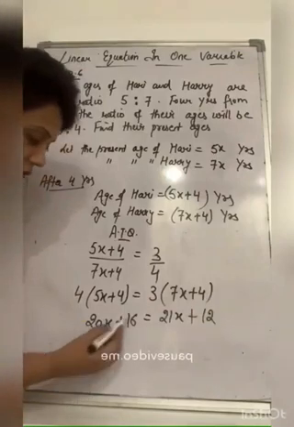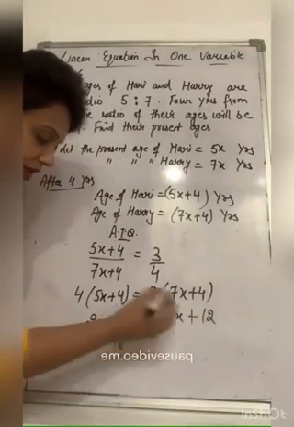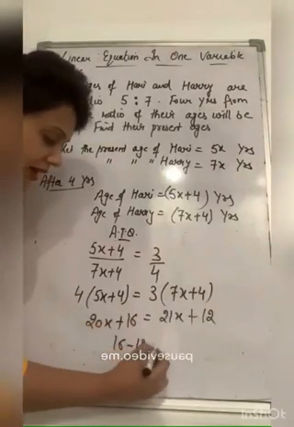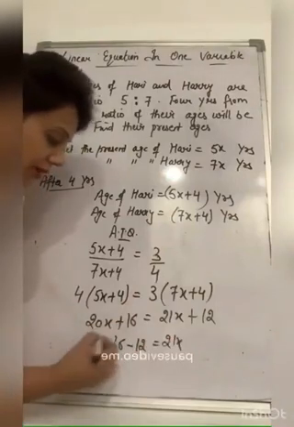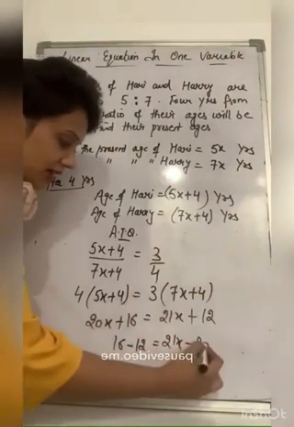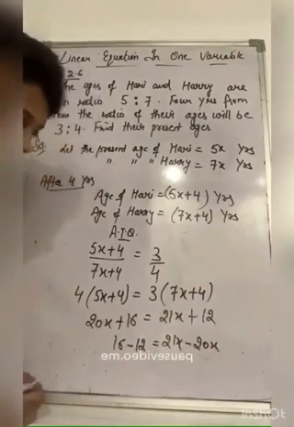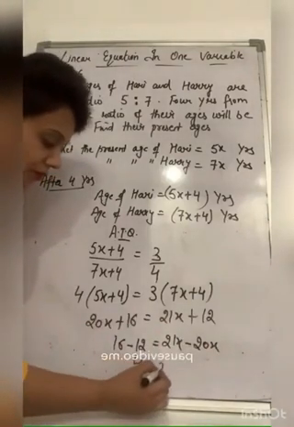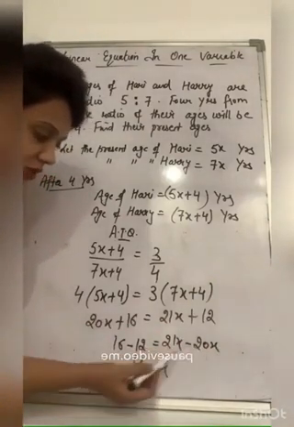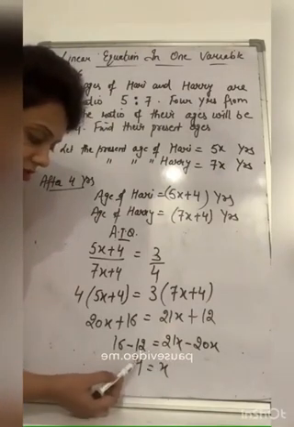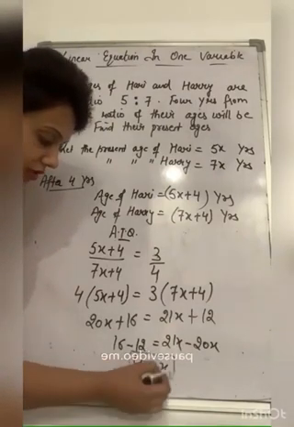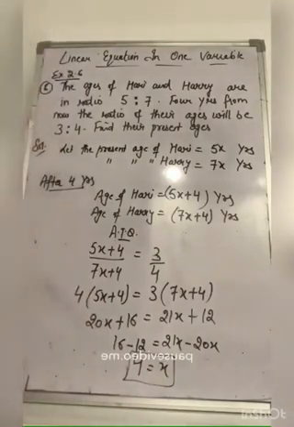Right? Now bring 12 on the left hand side, it will become minus 12, and bring that 20x on the right hand side, it will be minus 20x. So 21x minus 20x is x, 16 minus 12 is 4. So the value of x is equal to 4.